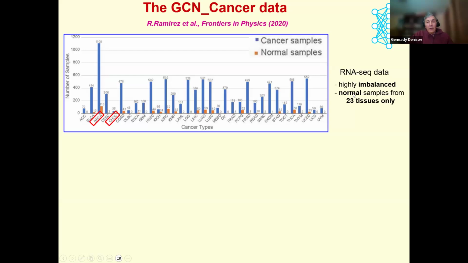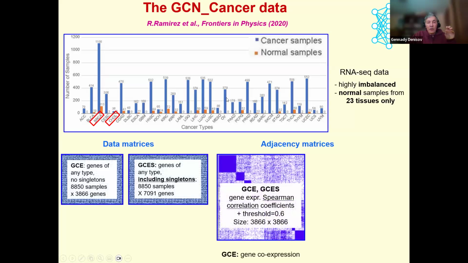Furthermore, the normal samples shown here as orange bars are not available for all the 33 types of tissues, but only for 23 types of tissues. When we re-implemented this model in Keras, the data was actually represented by 4 data sets, and I renamed them for convenience of usage.